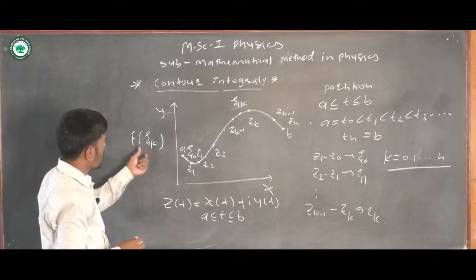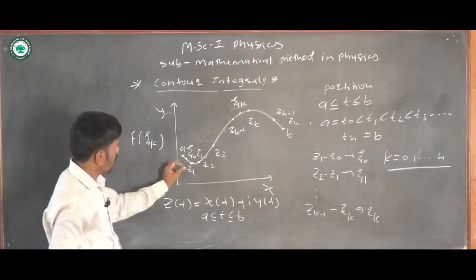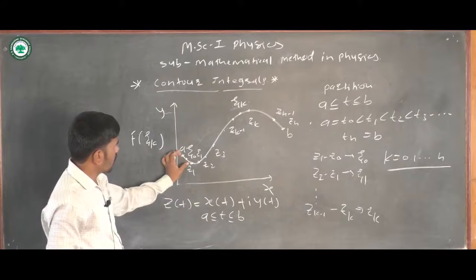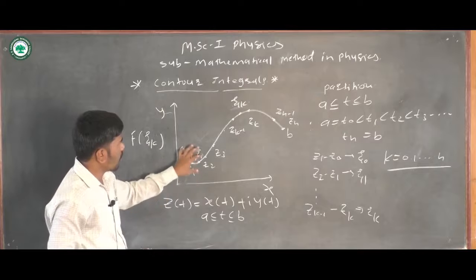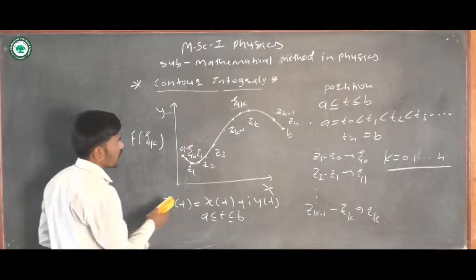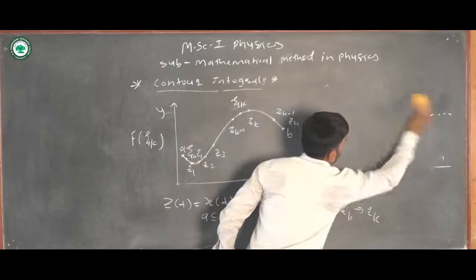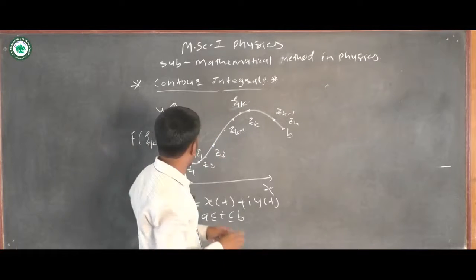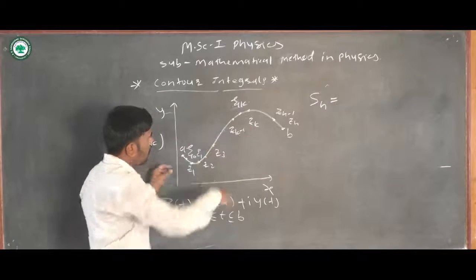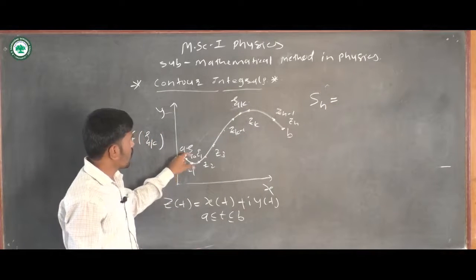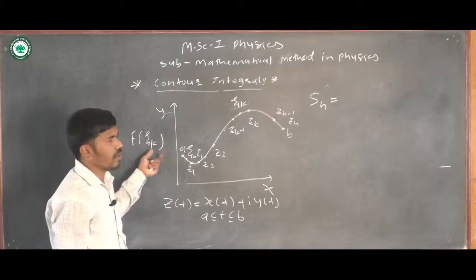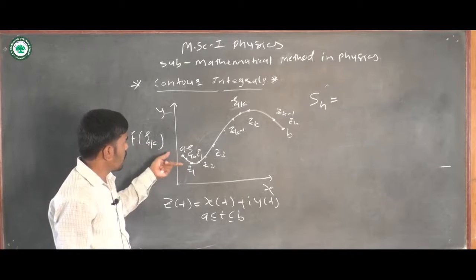Okay, so if we take the first interval and add all the intervals like this, we can write it in summation form. In every interval I take one arbitrary point, and along with the arbitrary point there is a quantity, that is z1 minus z0.